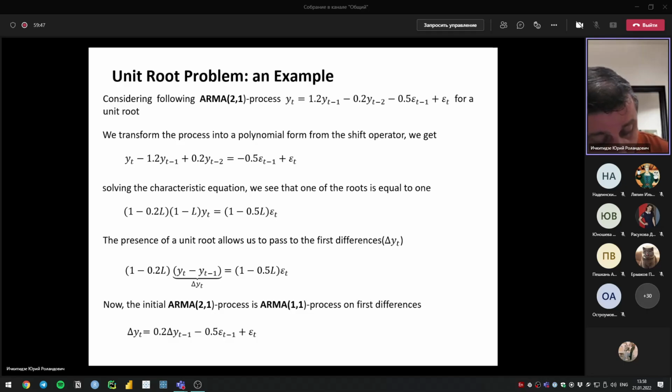Then we get the process ARMA(1,1), but on the first differences. That is, the initial equation of the ARMA(2,1) process corresponds exactly to this equation, but on the first differences. Theoretically, it is the same: ARMA(2,1) on yt and ARMA(1,1) on the first differences.